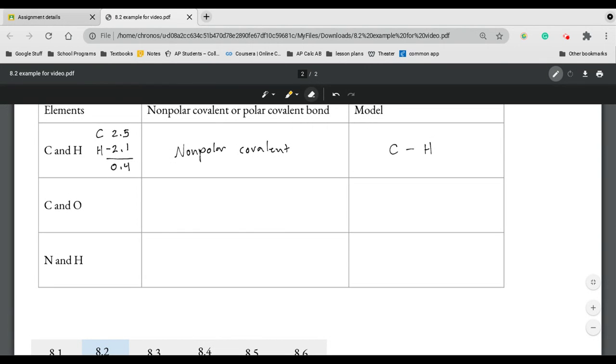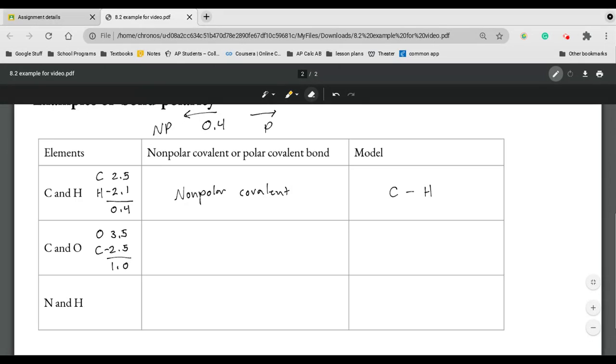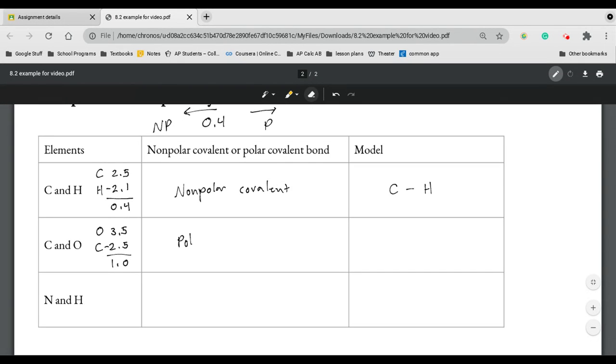So with carbon and oxygen, oxygen has an electronegativity of 3.5, and carbon has an electronegativity of 2.5. So the difference between these is 1.0, which is greater than 0.4, meaning that it is a polar covalent bond. And so, again, we just draw out the bond when we're modeling it, carbon to oxygen.